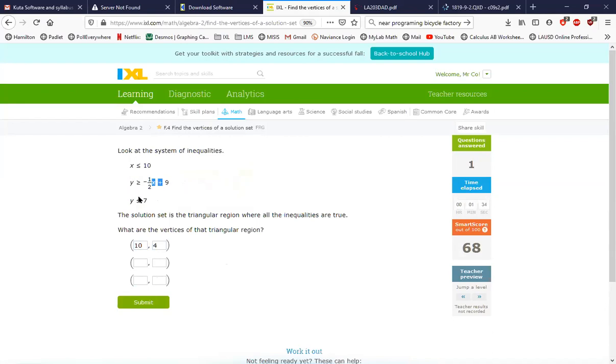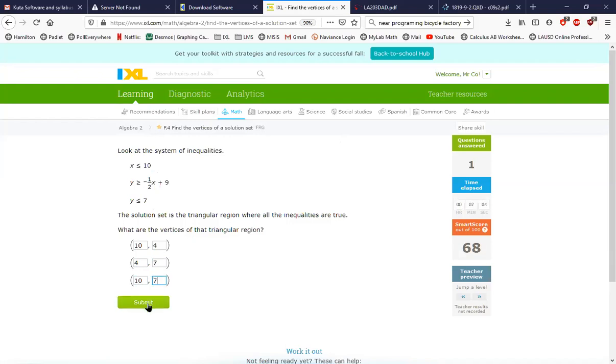If I have to subtract 9 to both sides, let me write this down. Minus 9 will be negative 2. Multiply negative 2 to both sides will be 4. X is 4. Y is 7. And if I combine the first and the last equation, x is 10, y is 7.